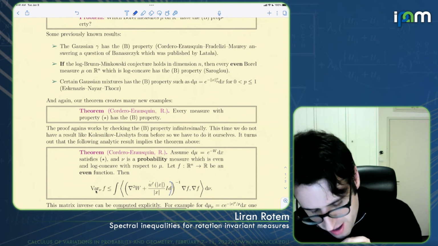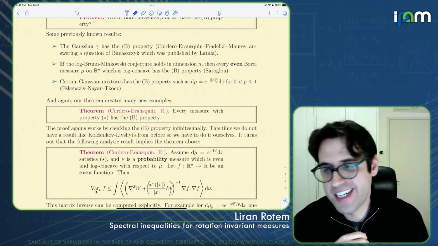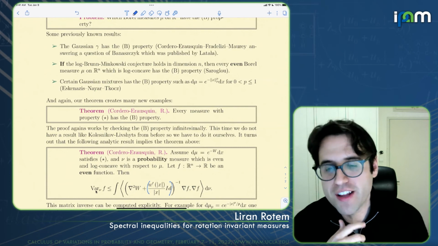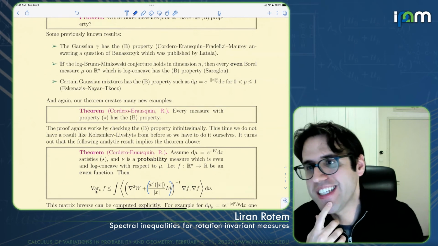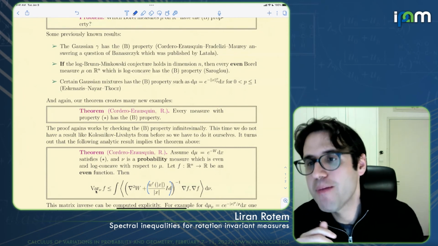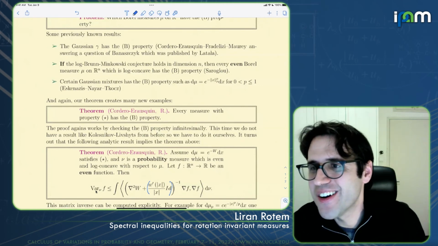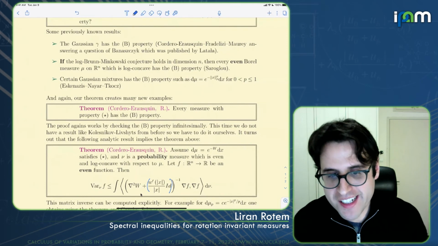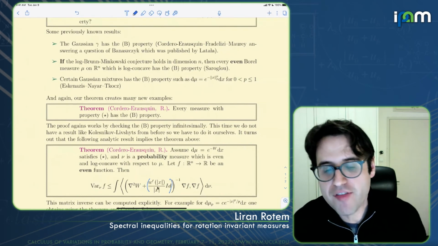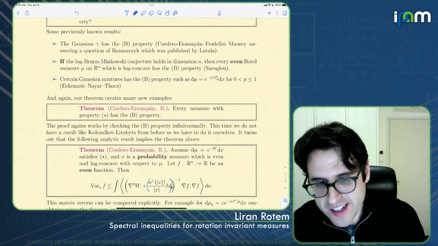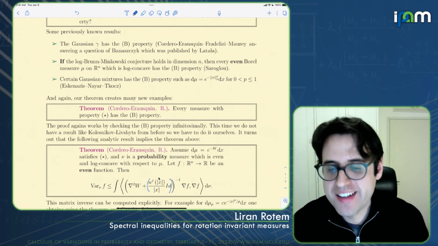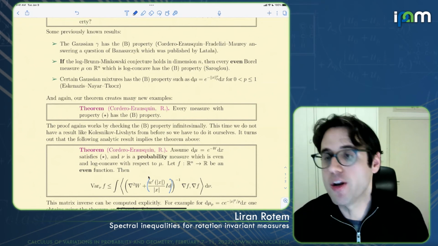Without this term, you probably know this. This is the Brascamp-Lieb inequality, not the one that Károly talked about yesterday. Yesterday, Károly said there are two Brascamp-Lieb inequalities. This is the other one. Without this part, this is well known, and you don't need f to be even. But the whole trick is that you need to add this part to make the inequality strong.